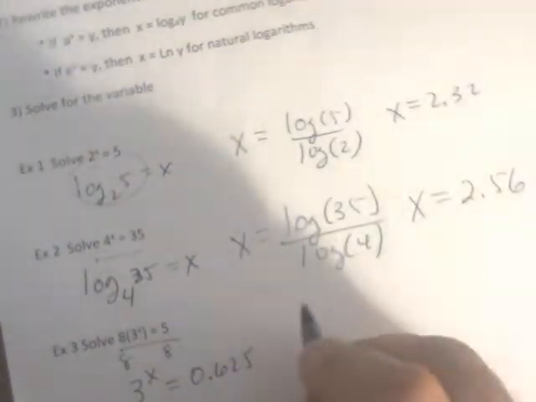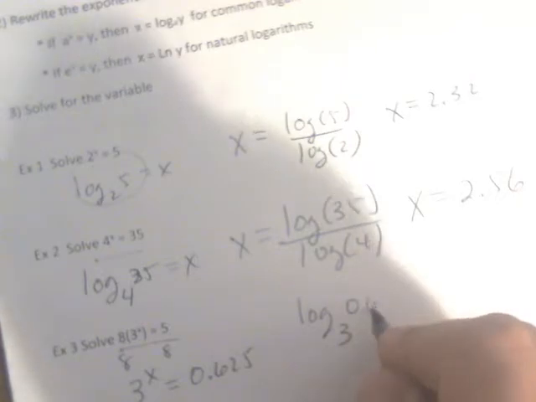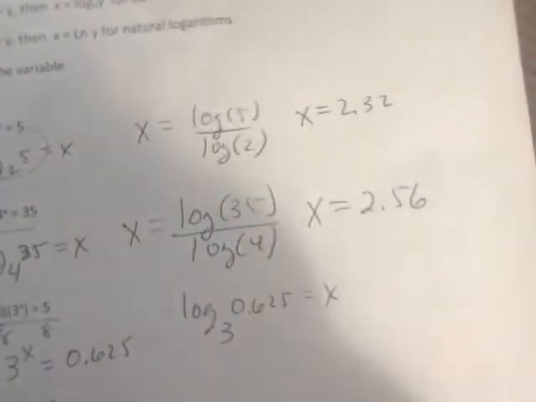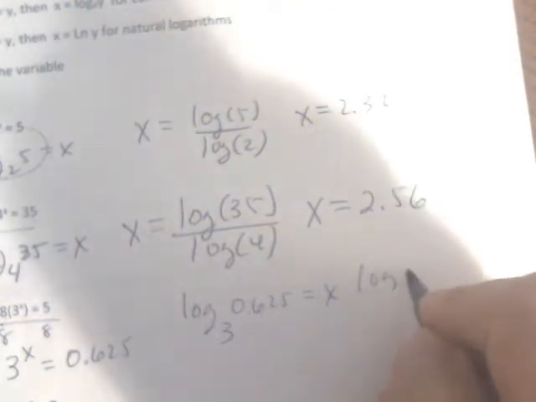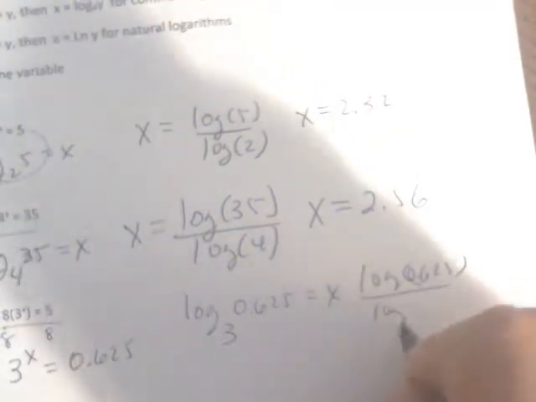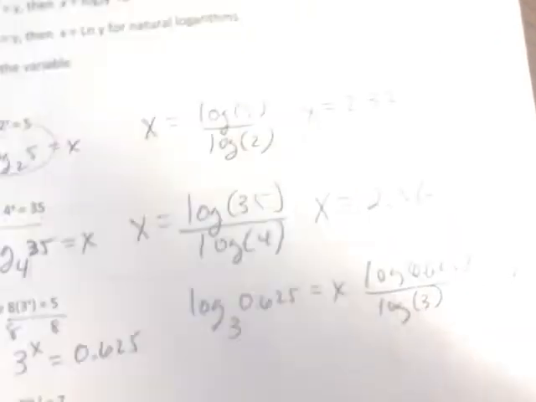Change to a logarithm. So log base 3, 0.625 equals x. Do my change of base, log 0.625 divided by log 3 equals x.